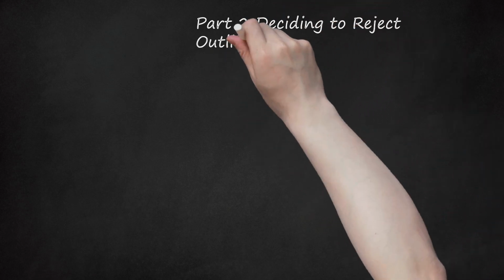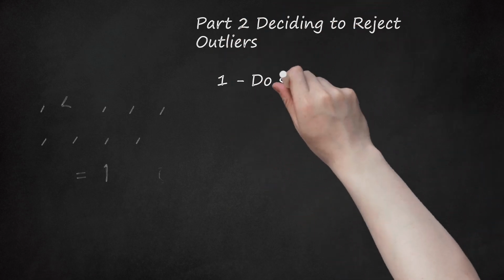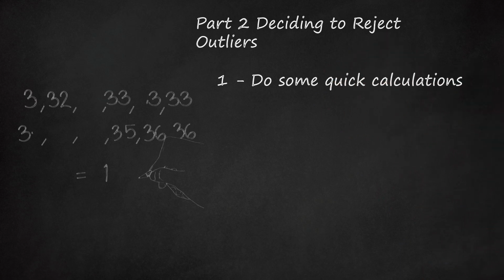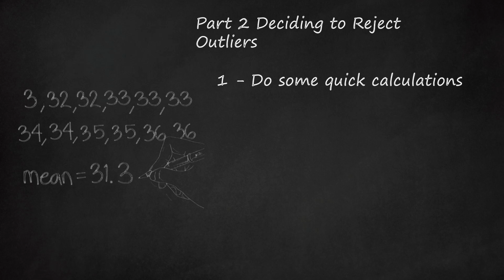Part 2, Deciding to Reject Outliers. 1. Do some quick calculations. This will help you determine whether the outliers are causing problems with your data. Perhaps the heights of your 10 sunflowers in inches are 34, 32, 33, 33, 34, 3, 35, 35, 36, 36, 33, and 32.